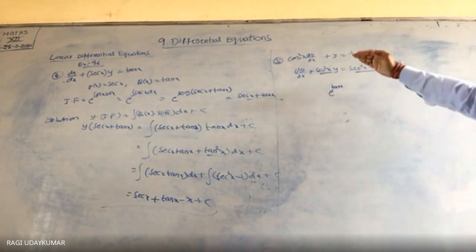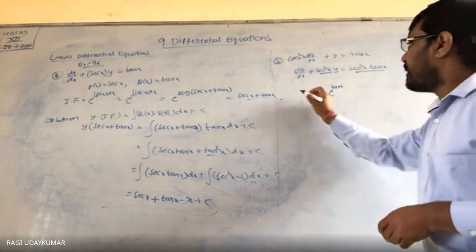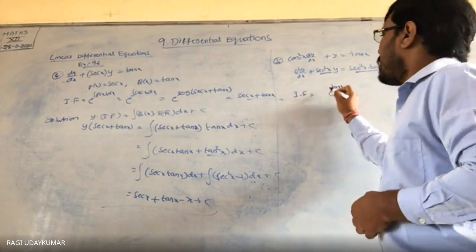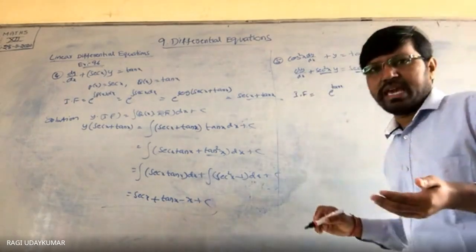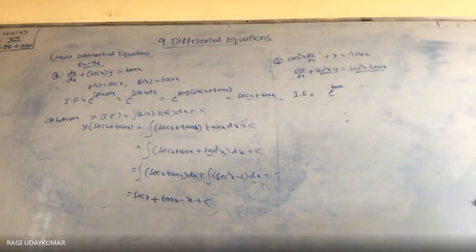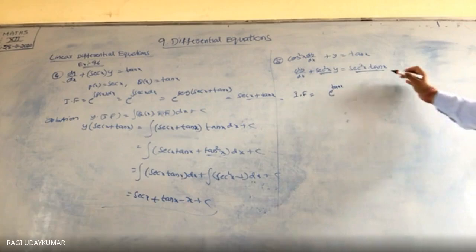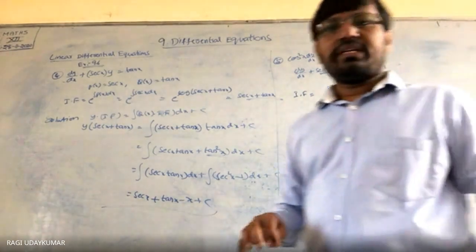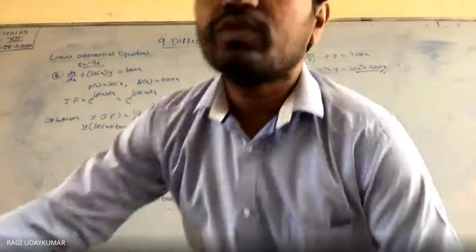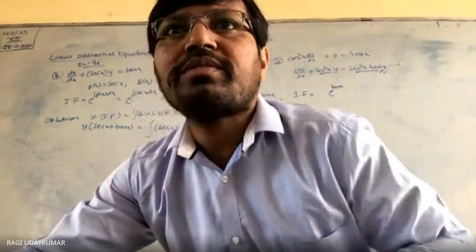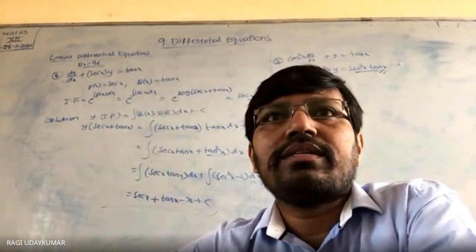So it will not be given in direct form. So integrating factor is equals to e power integration of secant square x dx. So this also you can solve it. It's not very difficult for you. So different problems, let us choose in this exercise.